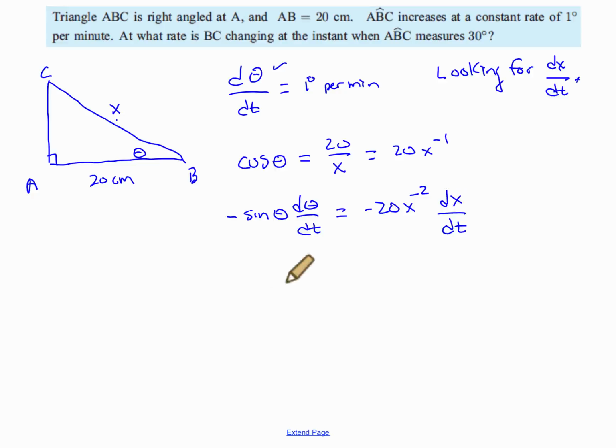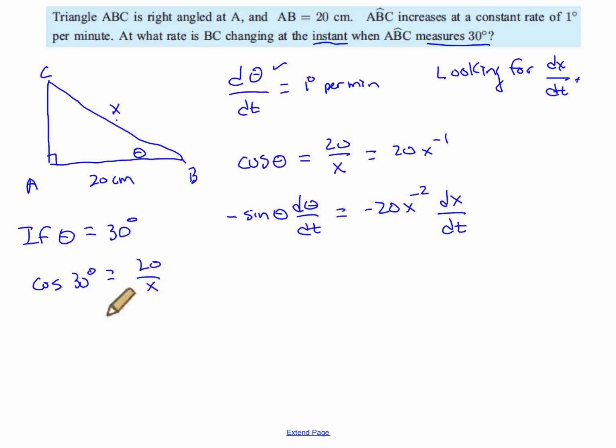Well, we know if theta equals 30 degrees, and why do I use that? Well, because I'm looking at the instant when angle ABC measures 30 degrees. If theta equals 30 degrees, then I know that the cosine of 30 degrees is equal to 20 over x.